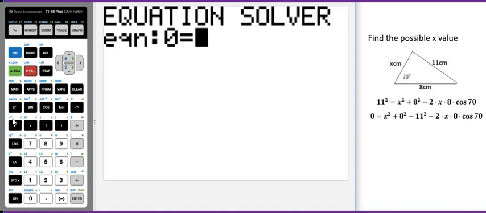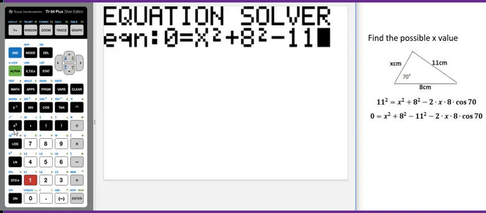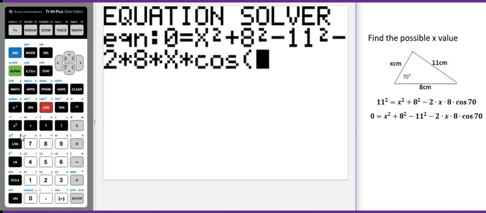Therefore, I plug in x squared plus 8 squared minus 11 squared minus 2 times 8 times x times cosine 70. Make sure your mode is set to degree.